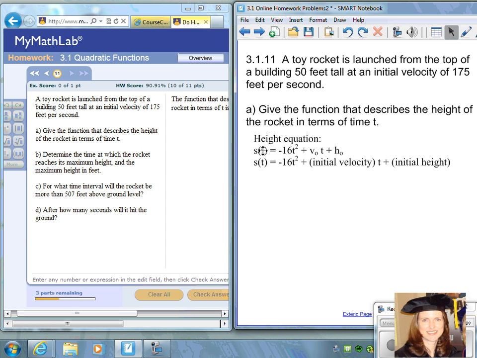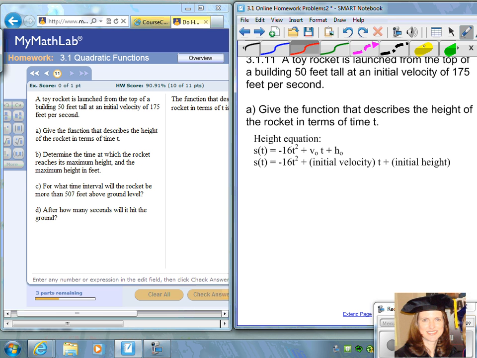The height after a certain number of seconds t is equal to -16 t squared plus v sub 0 t plus h sub 0. What t represents is time, v sub 0 is your initial velocity, and h sub 0 is your initial height. So we can determine the initial velocity and the initial height based on the information that's given at the beginning of the problem.